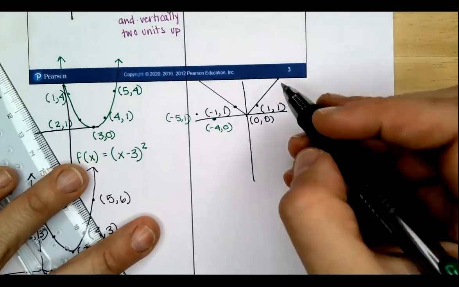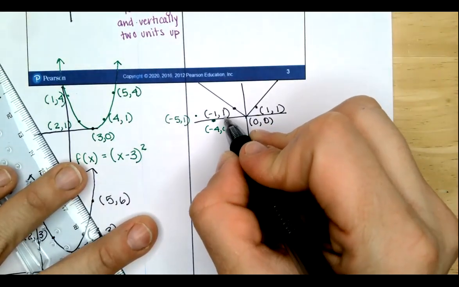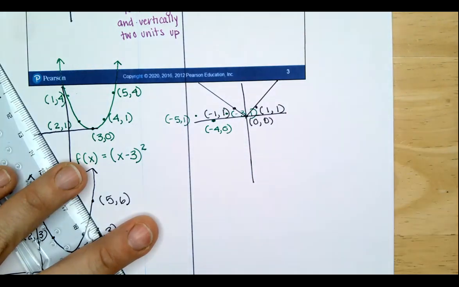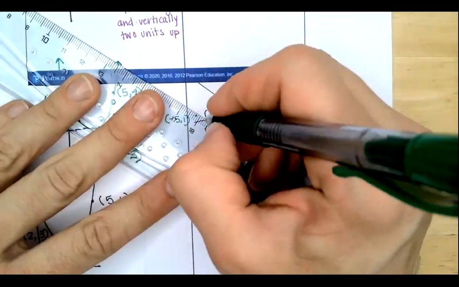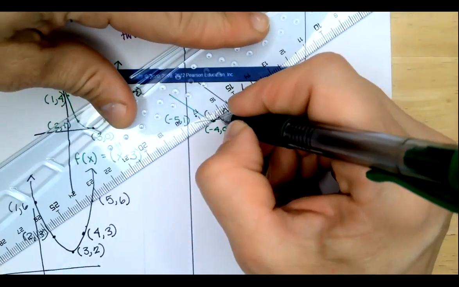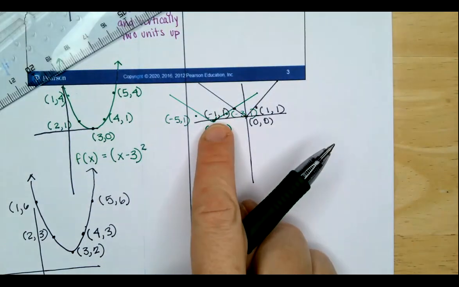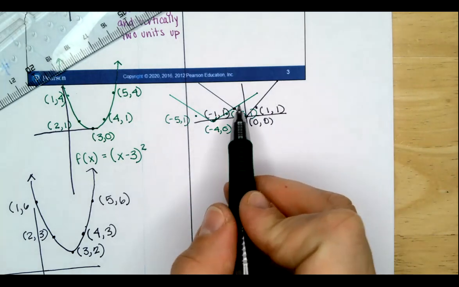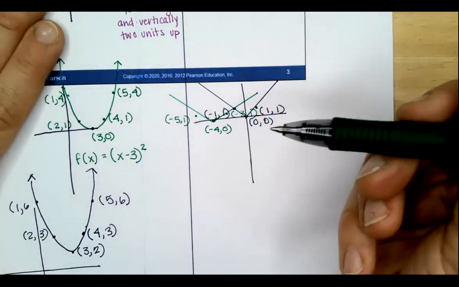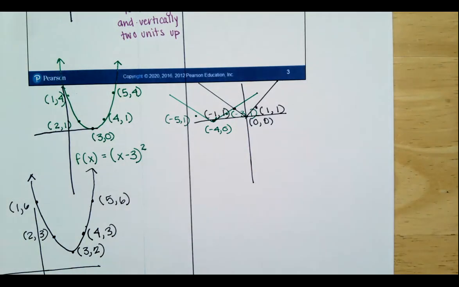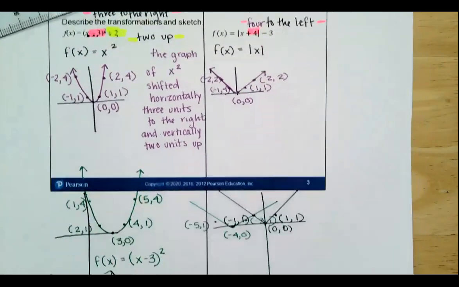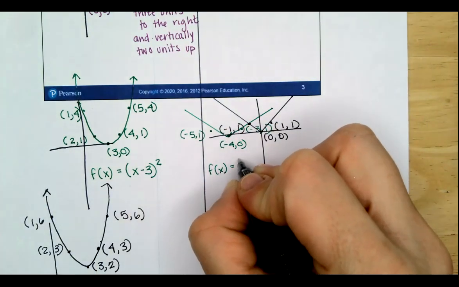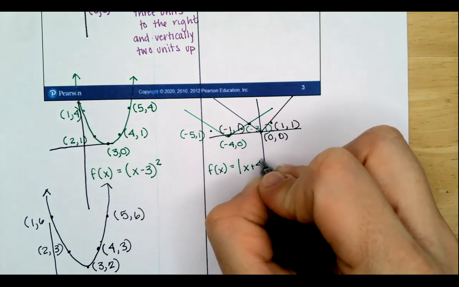From 1, 1, I'm going to go to negative 3, 1. So all my y values are the same. My x values got moved 4 to the left. All right, now let's graph what this is. So this is f of x equal to the absolute value of x plus 4.